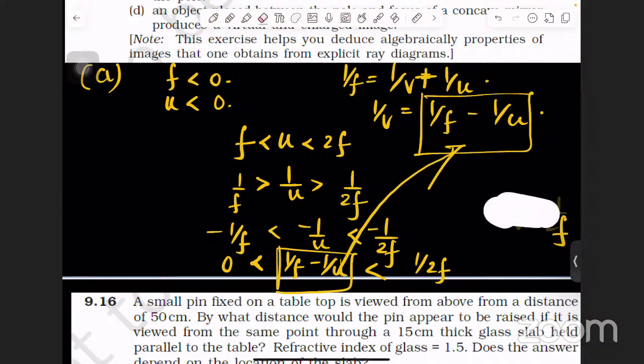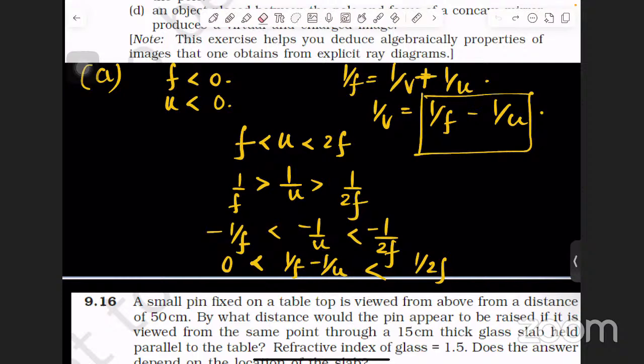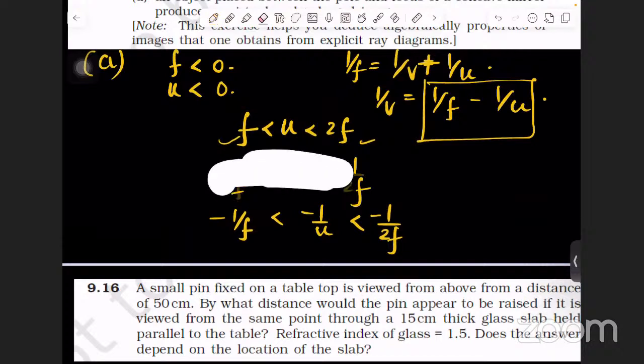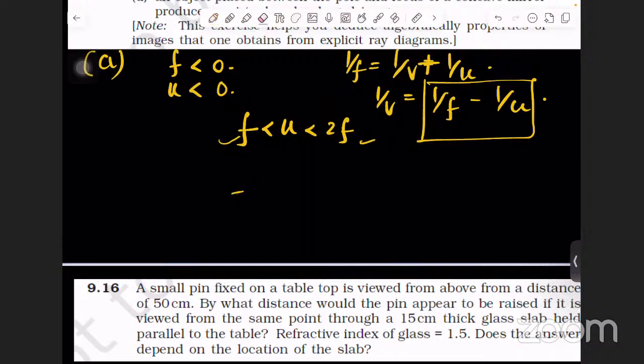Just wait a second. Up to here, the expressions are correct. U lies between f and 2f, but actually this u and f are negative.